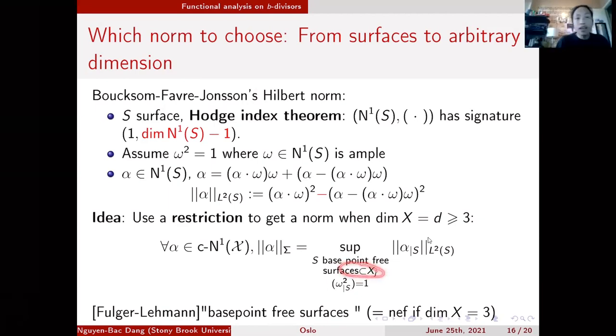You can always push it down to the original space, and then you get some surface from there, and you take surfaces from the original X, which are base point free, so you can take the strict transform.